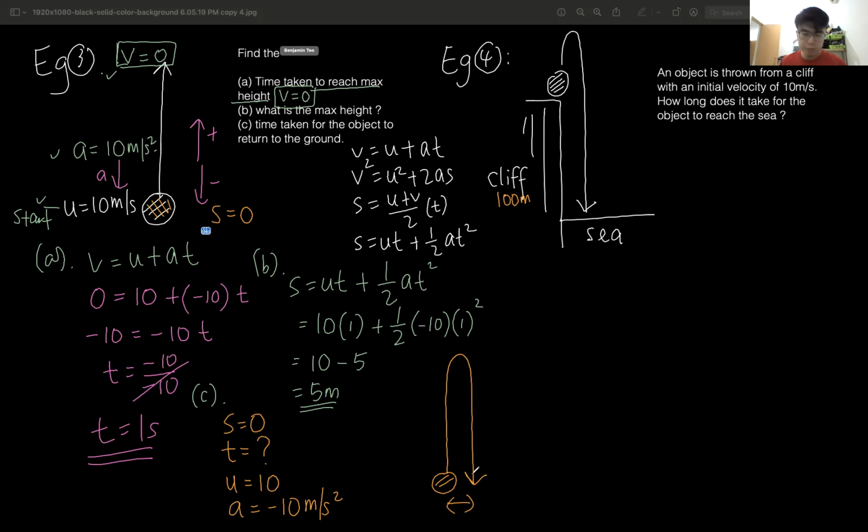So in this motion, if you look at the displacement, I start here and then it comes back to the same position. So S is 0.